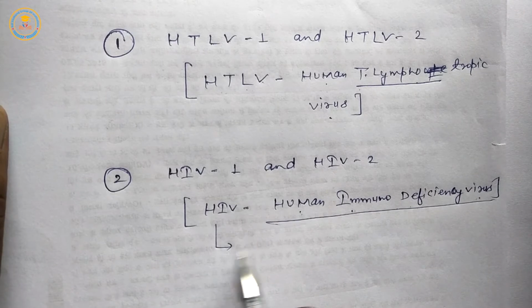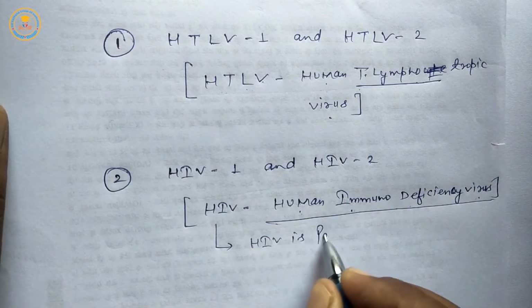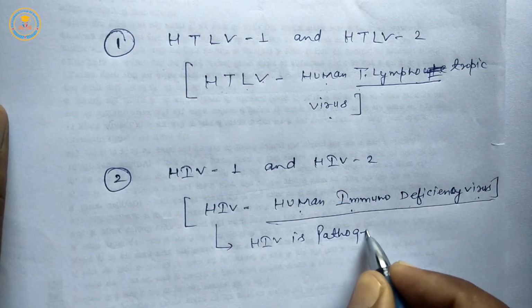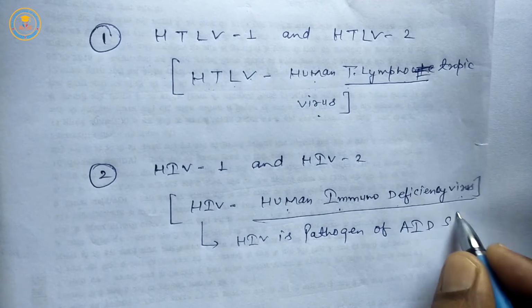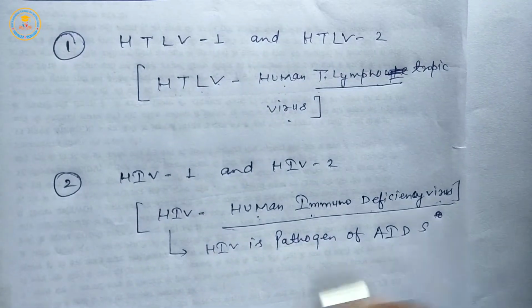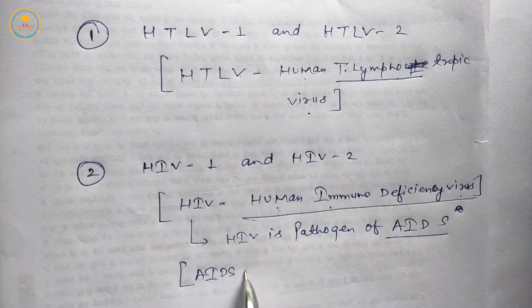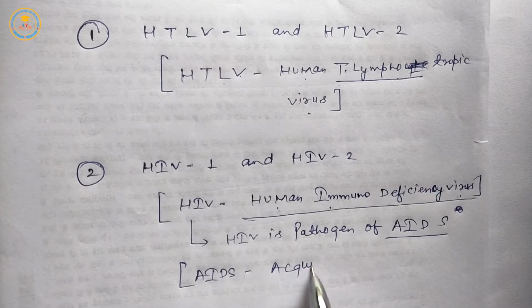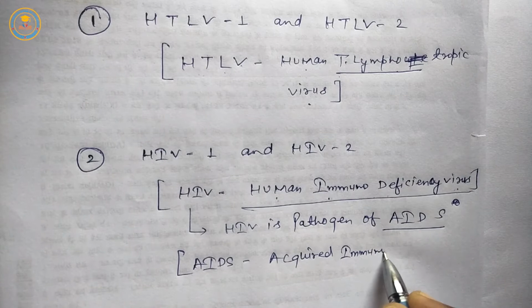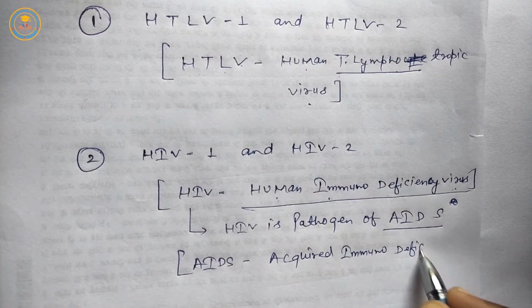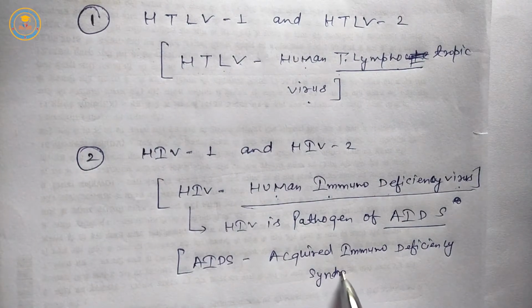Next, HIV is a pathogen of AIDS disease. Full form of AIDS is acquired immunodeficiency syndrome.